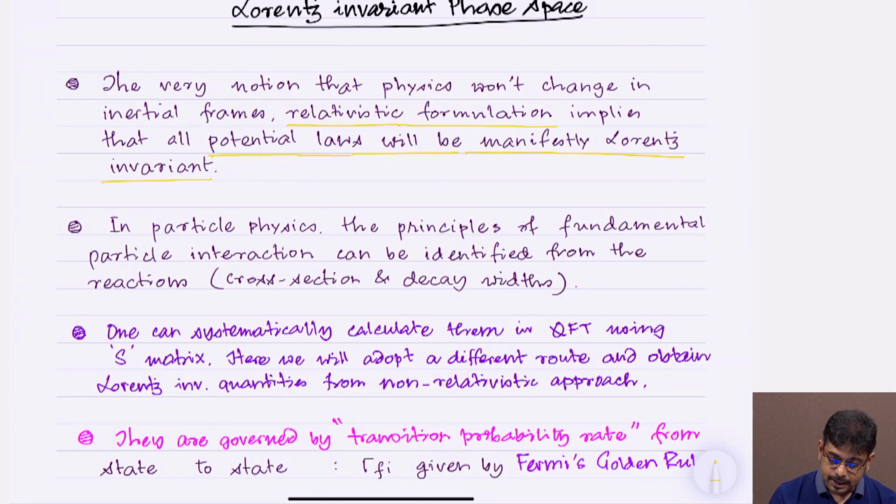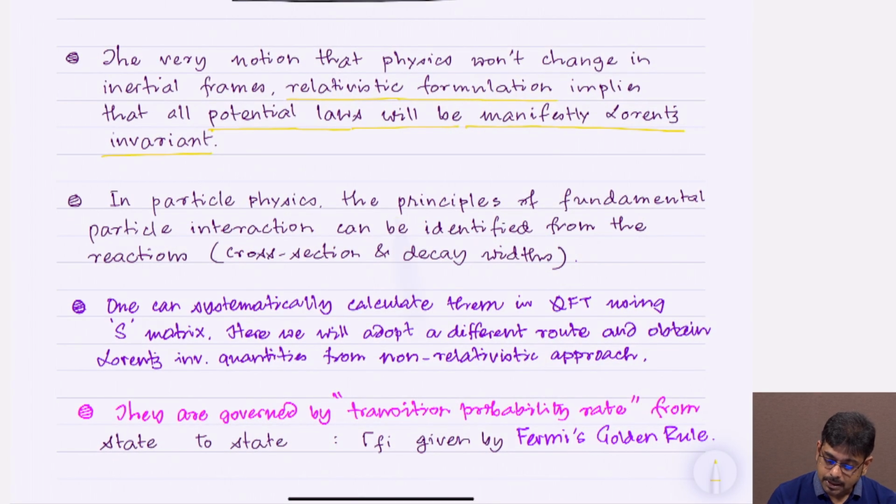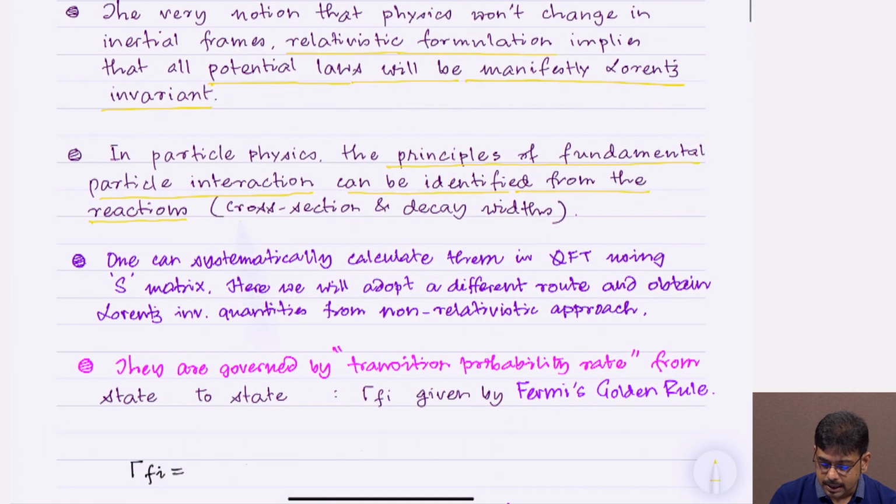As I just said, in particle physics, the principles of fundamental interactions, particle interactions via strong, weak and electromagnetic interactions in particular, can be identified from different reactions which the particles undergo, and this gives rise to what you call the cross sections and decay widths.